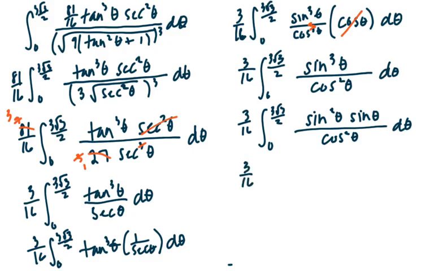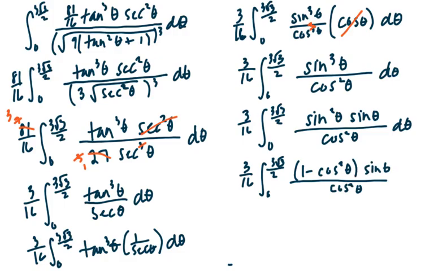So now we're going to have 3 over 16, the integration from 0 to 3 square root of 3 over 2. So sine squared is 1 minus cosine squared theta times sine theta over cosine squared theta, d theta.